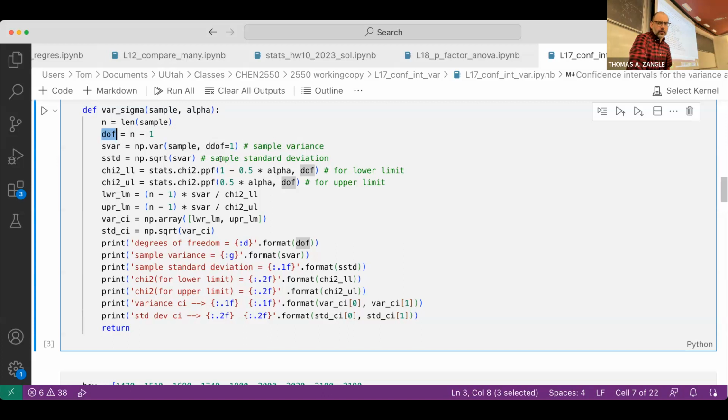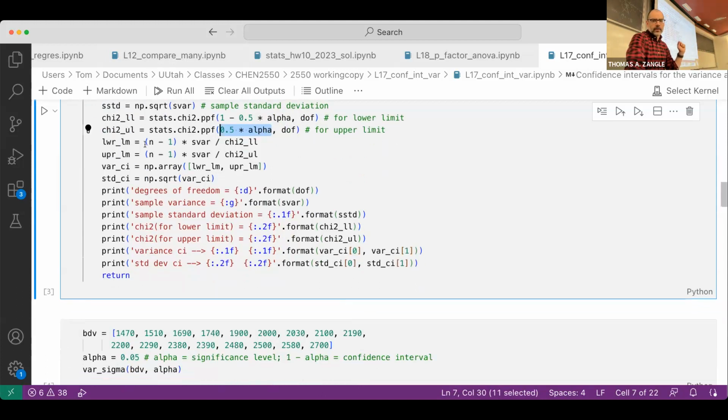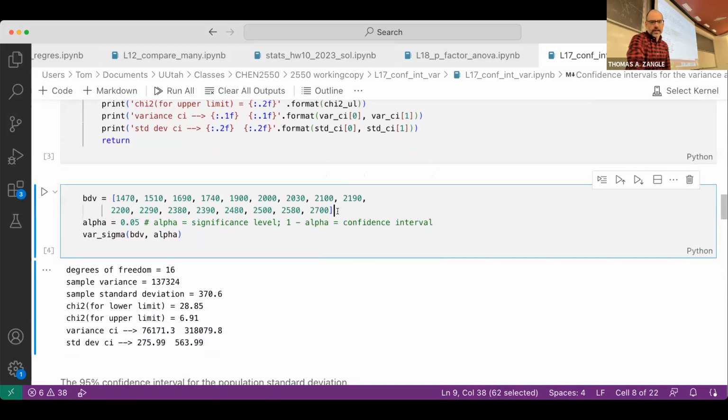We're finding the variance and the standard deviation of the data. And then when we find the chi-squared statistic, we actually find it twice, once for one minus alpha over 2, and once for alpha over 2. So we're finding the chi-squared statistic for both tails, because that was an important distinction here. We can't just use one of the values. Then this computes the lower and upper limits using the expressions that we had up above, and then we display those results. So this is our data, and this is our confidence interval.